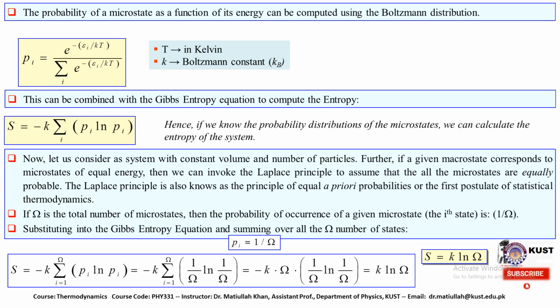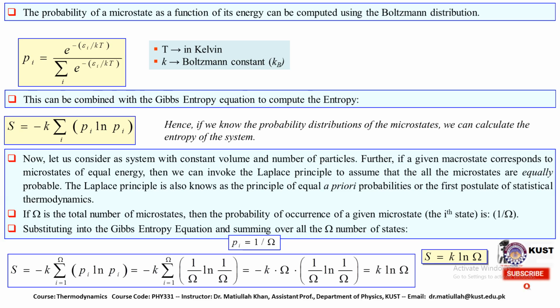This can be combined with the Gibbs entropy equation to compute the entropy of any particular system, S = -k Σ p_i ln p_i. So from that we can calculate the entropy of a system.